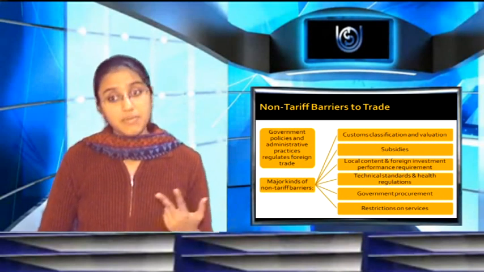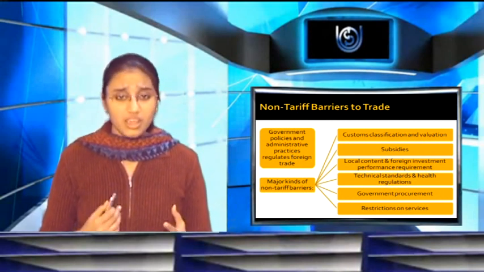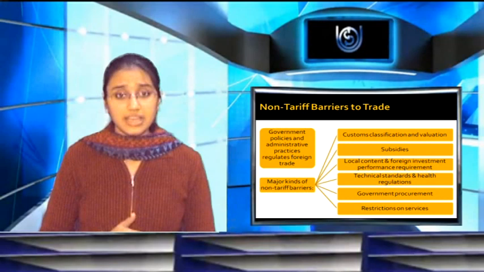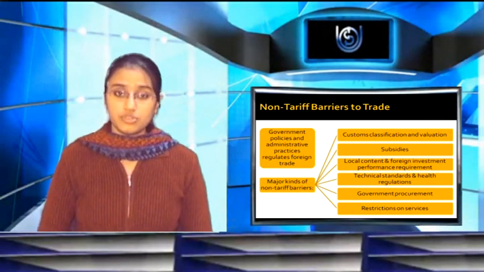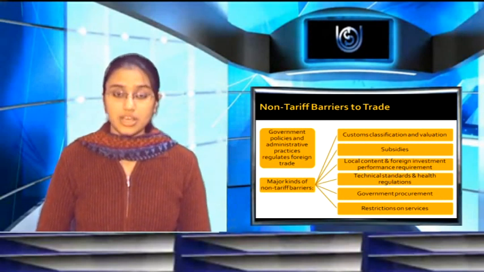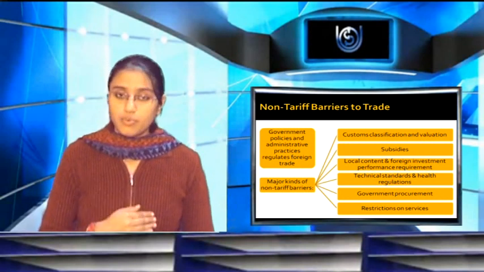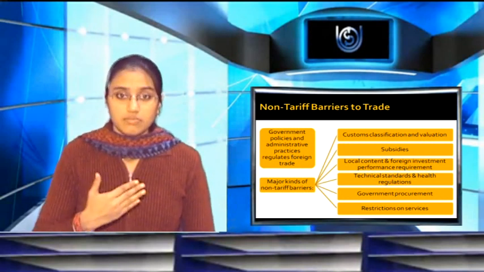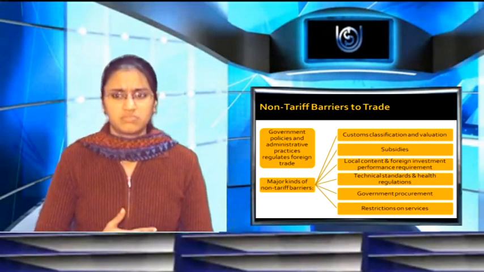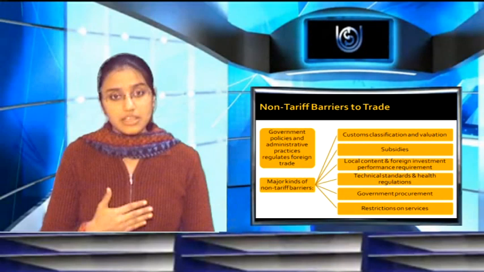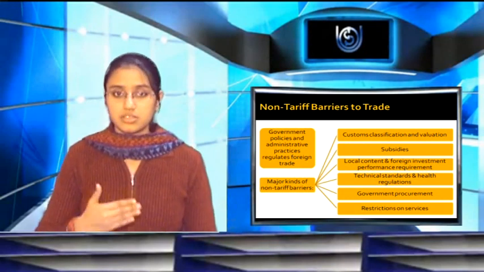Then second, import quotas can lead to administrative corruption. Because of quotas, there may be a chance of corruption when there is an import quota. Suppose XYZ country restricts imports to a certain quantity.